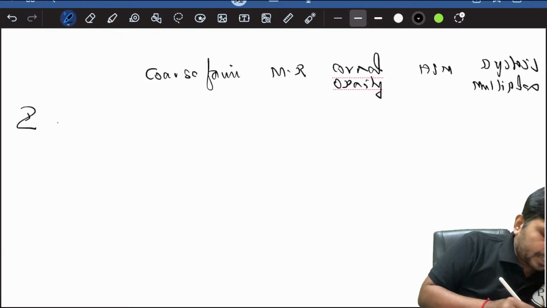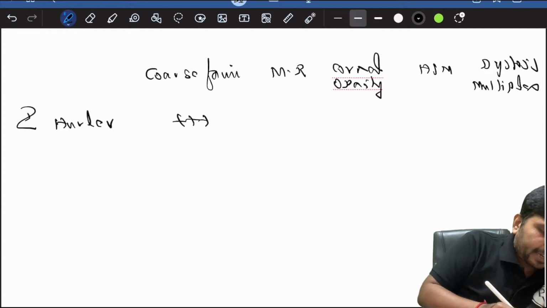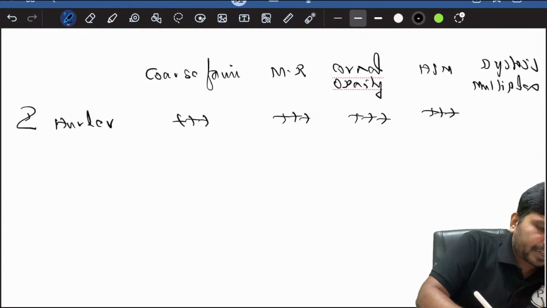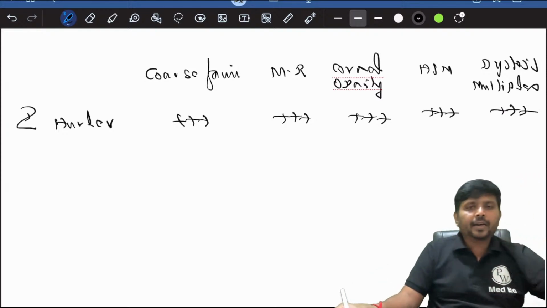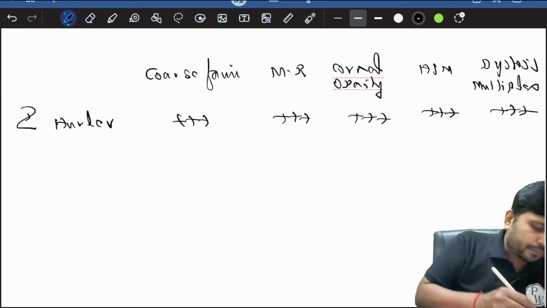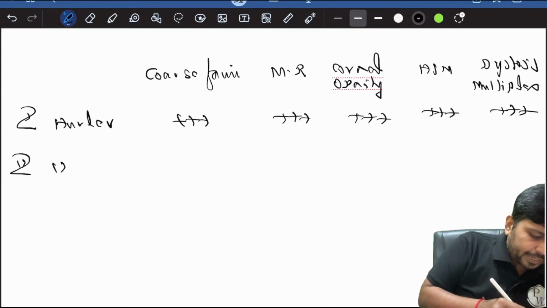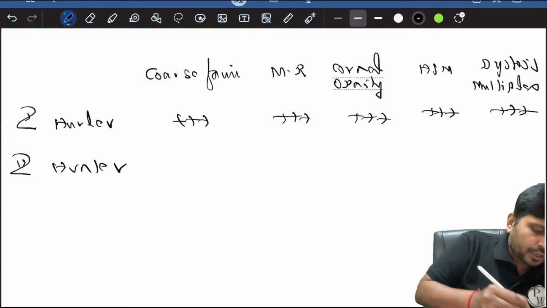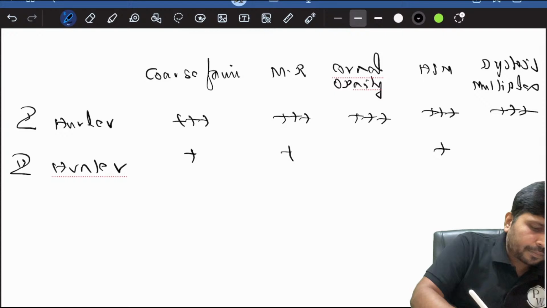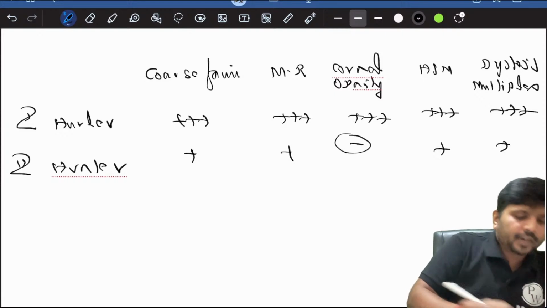So type 1 is Hurler, characterized by everything: coarse facies, mental retardation, corneal opacity, hepatosplenomegaly, and dysostosis multiplex. 2 is Hunter, in which all will be present but mild, but there is no corneal opacity.